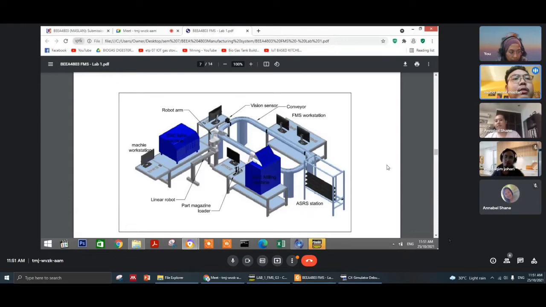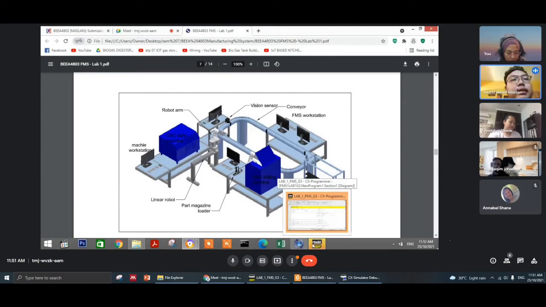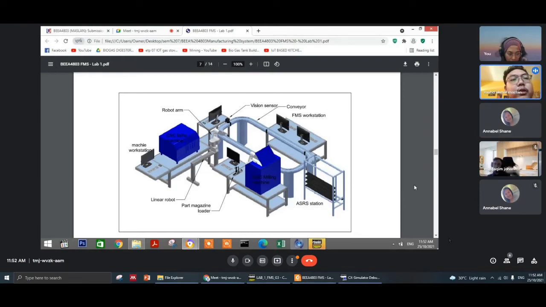Okay, so after both products, which are the milling product and also the lathe product, are put on the jig, then it will proceed to the vision sensor station. The vision sensor station functions to detect the quality of a product. If you can see, there's a monitor there which is used by the quality checker to check whether the product is good or not via the vision sensor.